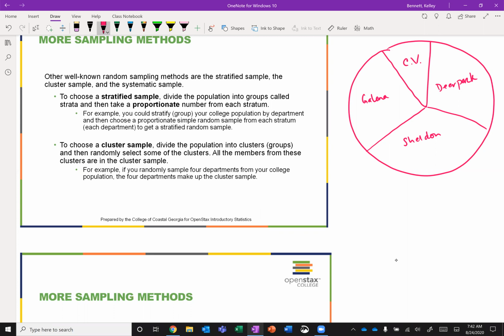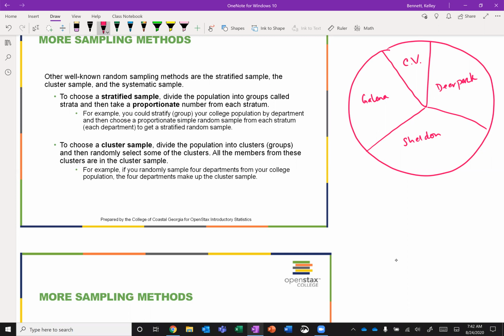Okay, so we can see here that the biggest cluster of early high school students that we have at San Jacinto College, theoretically per this pie chart, come from Sheldon. So that means that Sheldon should have a bigger representation in the sample that we draw. The way that I would do that is take proportional amounts from Sheldon.